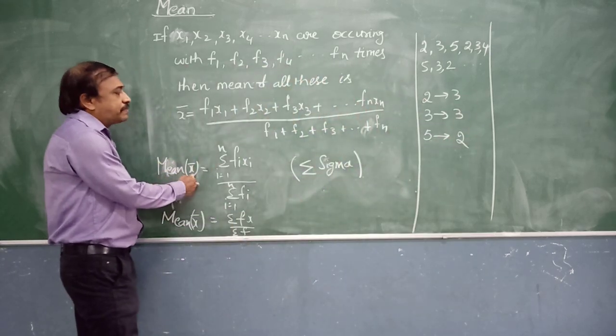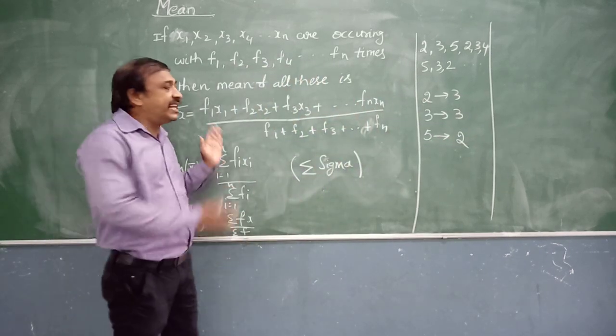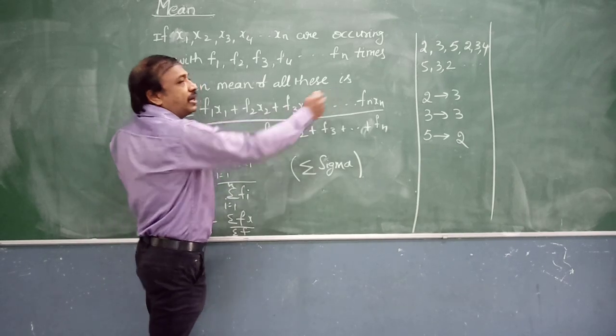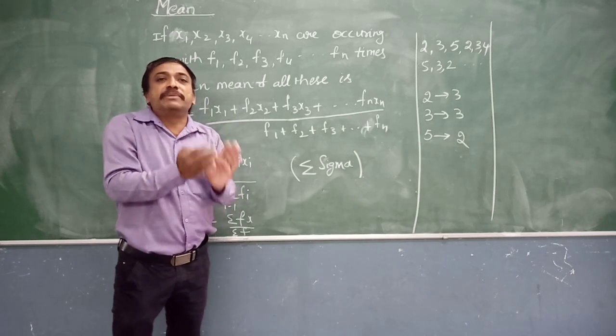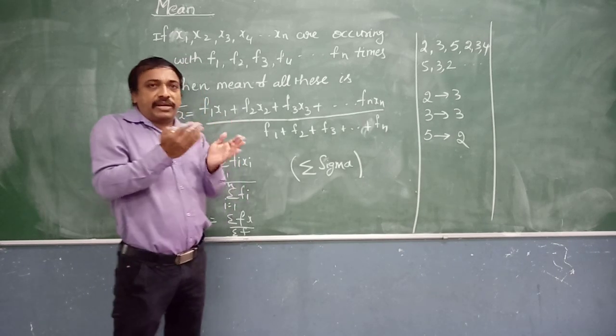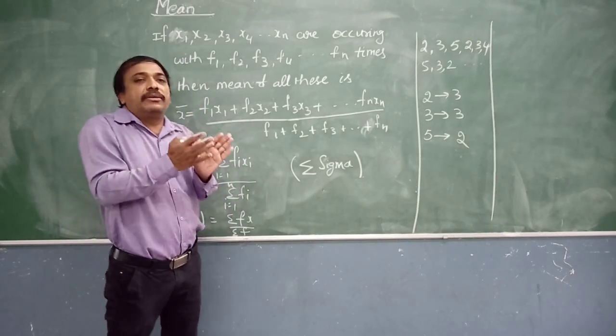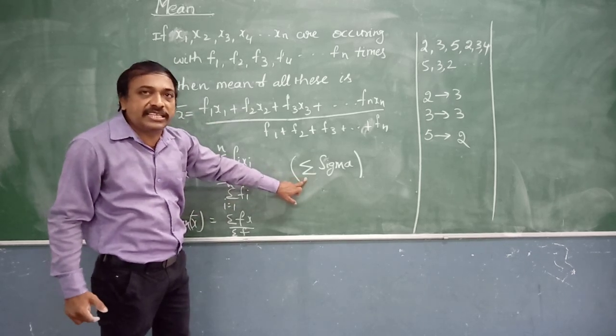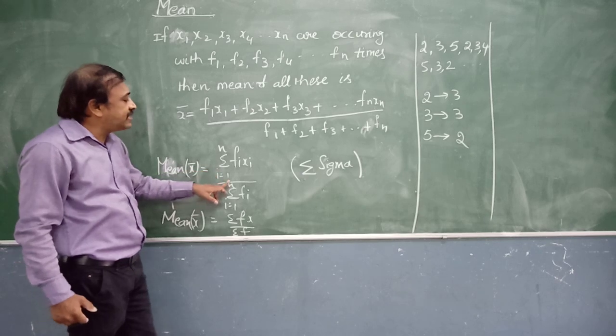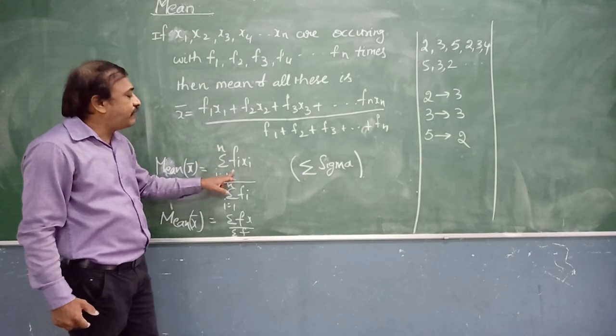So mean x bar is equal to, instead of writing this completely big formula, for our convenience they made it short using a symbol which is called sigma. So sigma i equals 1 to n fi xi.